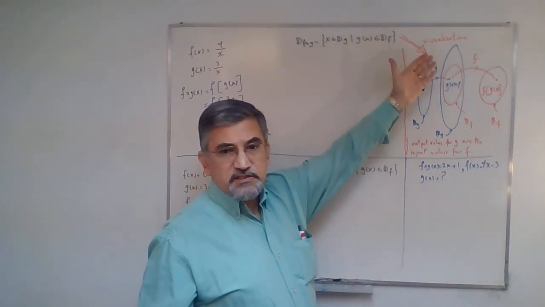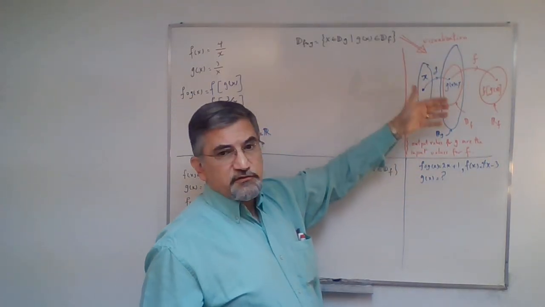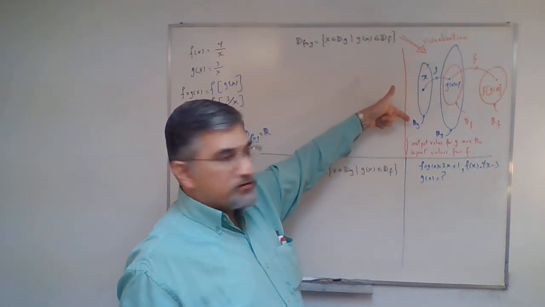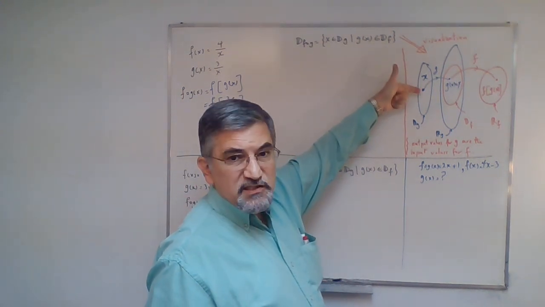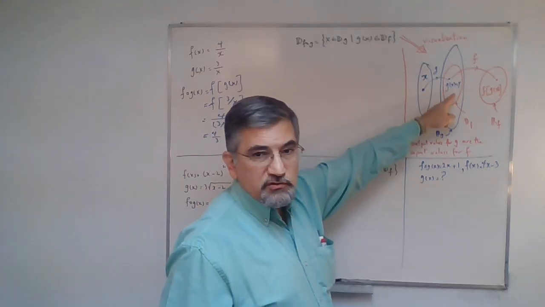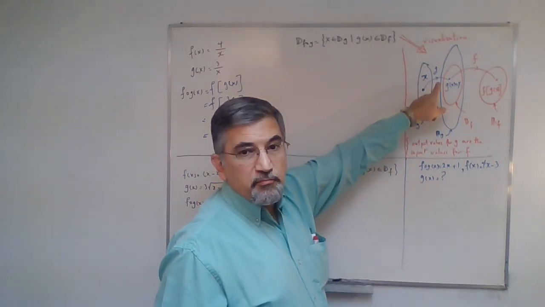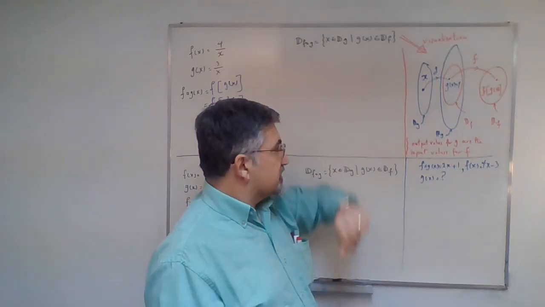And you can visualize this in this diagram. It's not the first time we talk about this. If you have x as an element of the domain of g, then that x is mapped onto g of x, or let's call it y, this so-called output number, by means of this function g of x, okay?